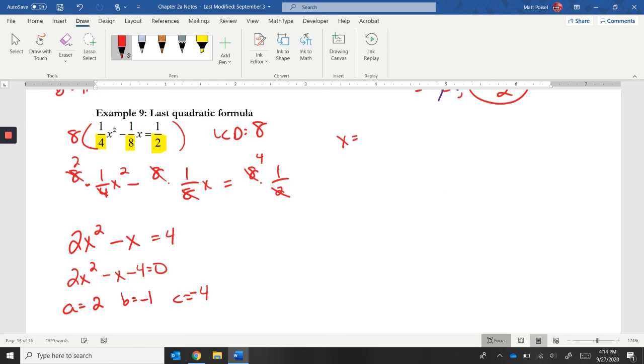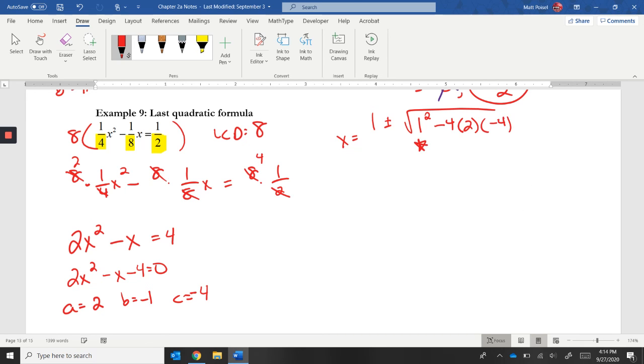Now, this last example is where I was talking about a little shortcut. So negative b plus or minus the square root of b squared. Now, here's where my work is not necessarily going to be correct mathematically, but it is going to be okay in terms of getting the answer. I'm going to write 1 squared, and then still minus 4ac.